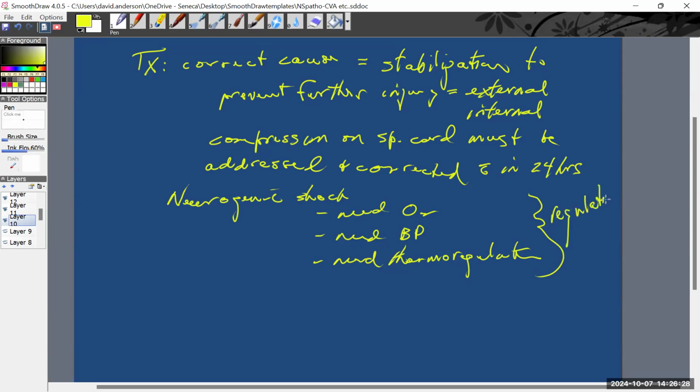I've got regulation already in there. That's why I was hesitating on that. But basically, we need O2 regulation, blood pressure regulation, temperature regulation.